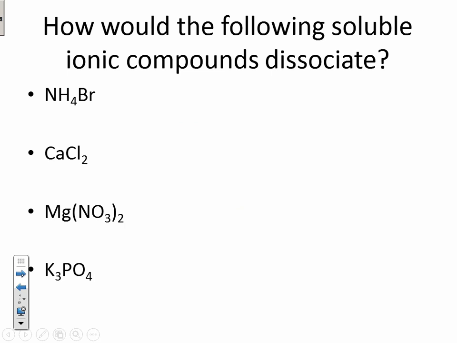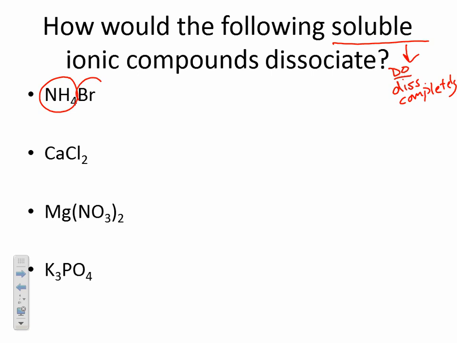So just as an example, we're going to write the dissociation for some soluble ionic compounds. Now, I told you that these are soluble, which means that I'm telling you that they do dissociate completely. If we take the first one, ammonium bromide, there are two ions in this. There's the ammonium ion, NH4+, and then there's the bromide ion, Br-.